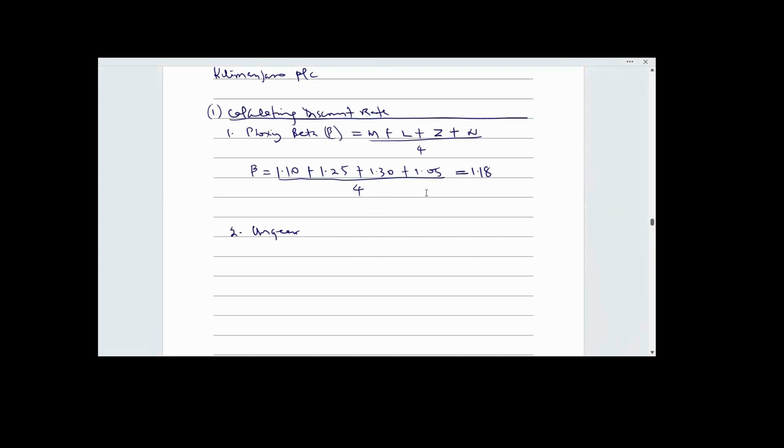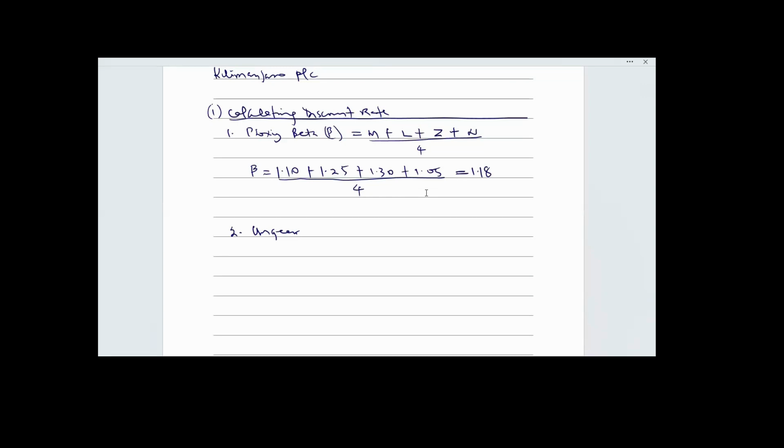Okay. This is what I'm saying. In step 1, we have identified the proxy beta for all the 4 freezer companies. The average beta is 1.18. So we are going to step 2. You will only ungear the beta if the 1.18 is geared. How would you know that the 1.18 is geared? You will go to the balance sheets, the capital structure of the 4 freezer companies, under the finance by.